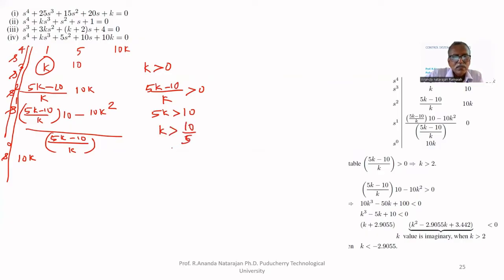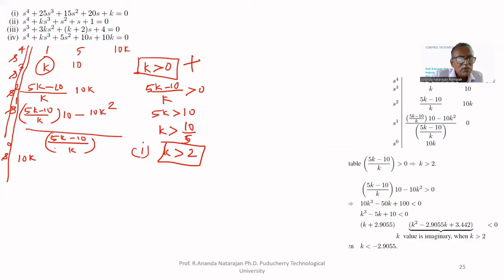Therefore, K must be greater than 2. If it is greater than 2, automatically it will be greater than 0. That's why the first condition can be ignored. So K must be greater than 2.